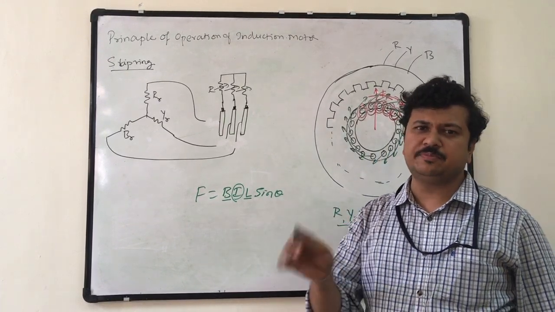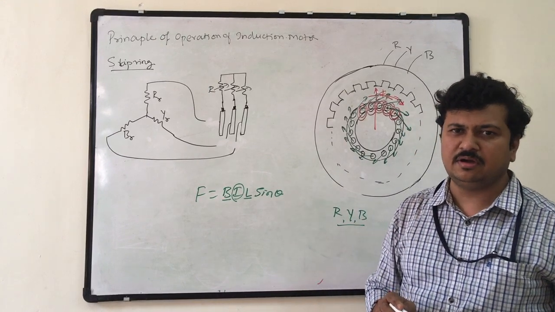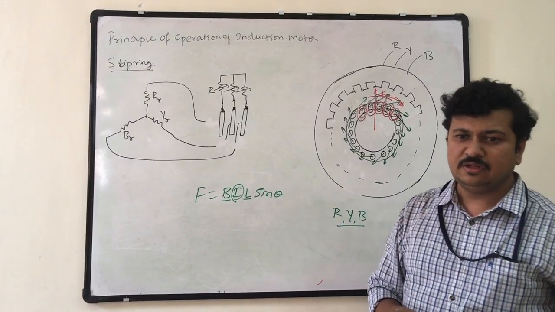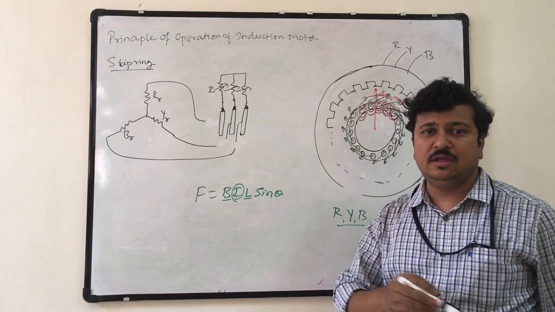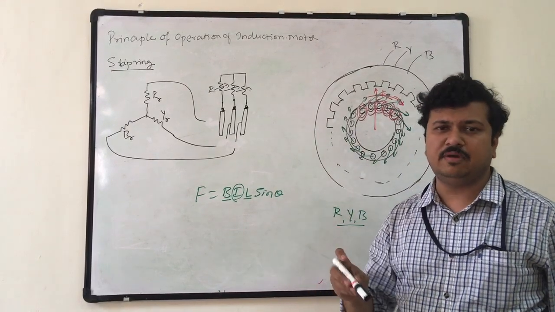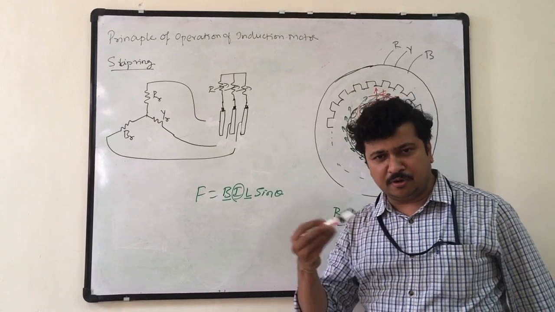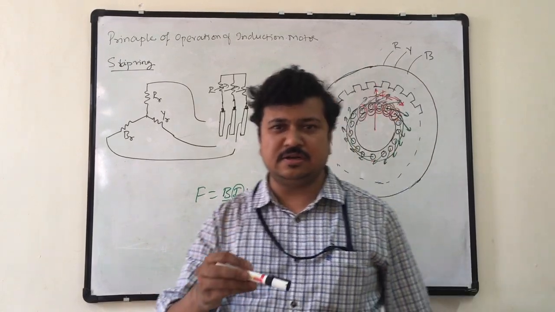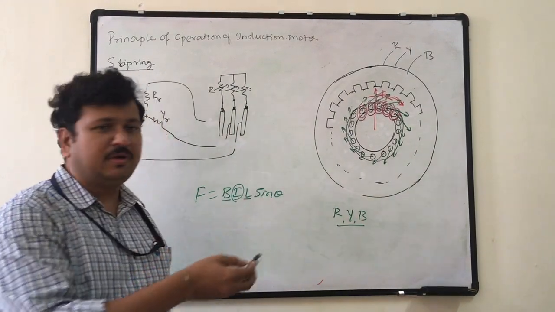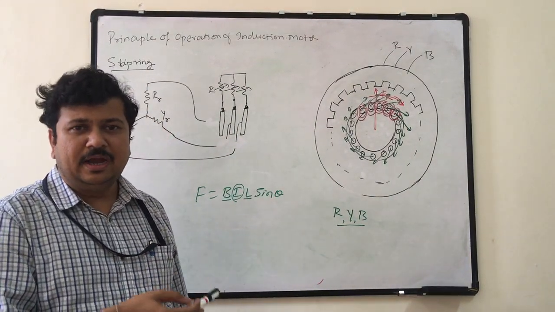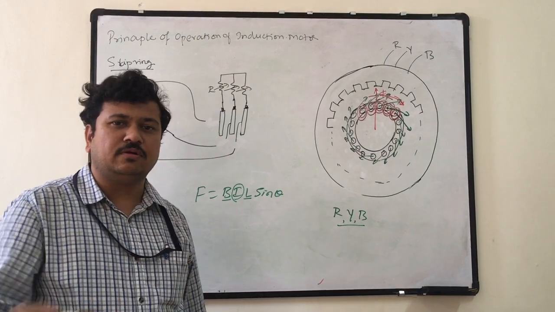That would be against the principle and nature of electromagnetic induction. So the conductors will try to take the direction along the RMF so that they can oppose the induction, reach the speed of the rotating magnetic field, and make the induction 0.